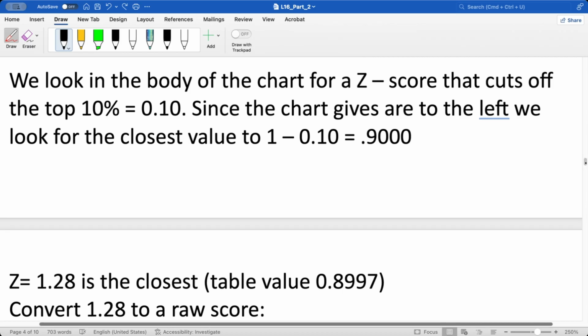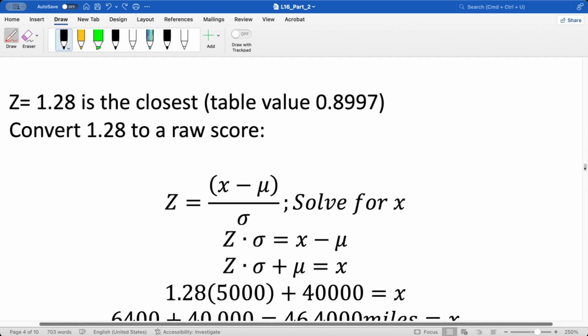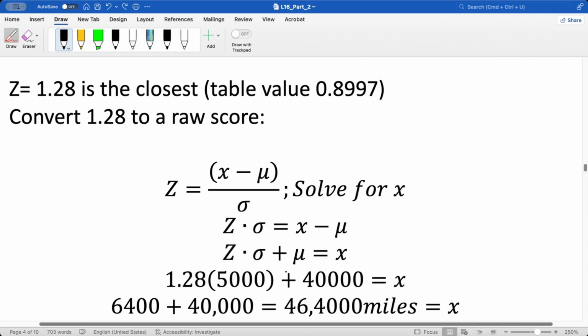Now we just have to convert that back to an X score using this formula. So we know Z is X minus the mean over standard deviation. So X is going to be Z times sigma plus the mean. So it's 1.28 from the chart. Standard deviation was 5,000. Mean was 40,000.